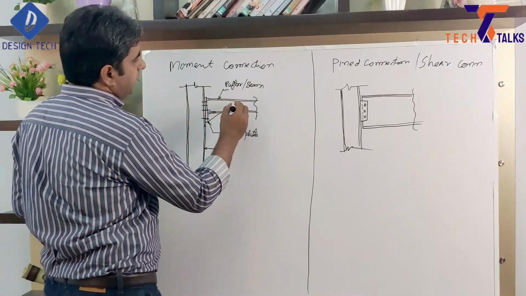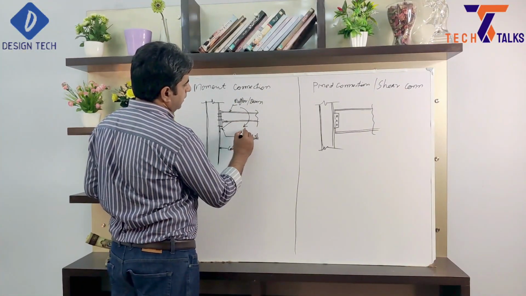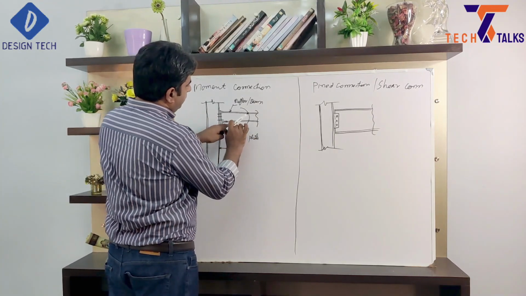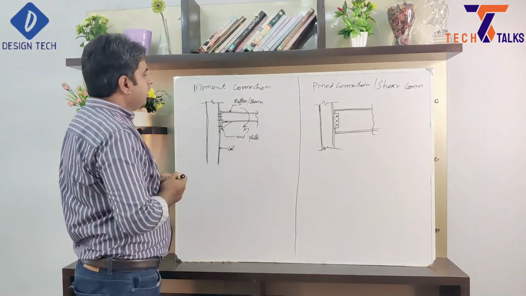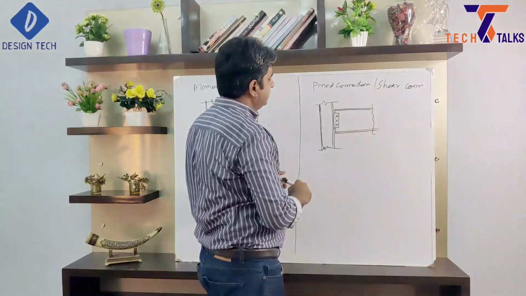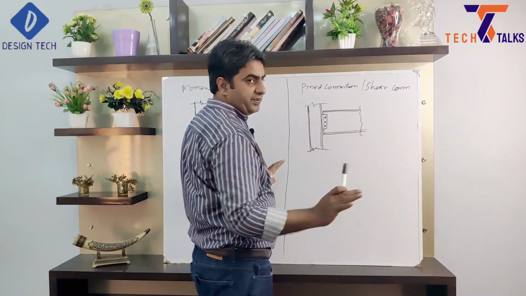So when there is any moment on this member, that will be transferred from this member to this column via this connection. And now we will come to the pinned connection. This is our pinned connection. In this connection you can see these flanges are free.